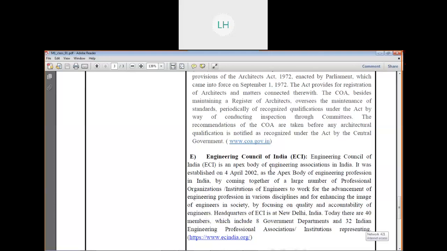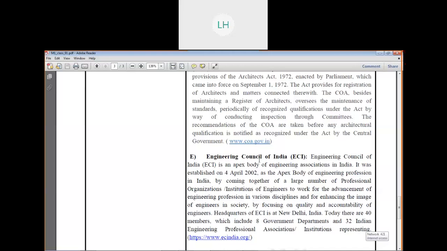The main objective of this council is to regulate the professionalism and ethics of a particular engineer.